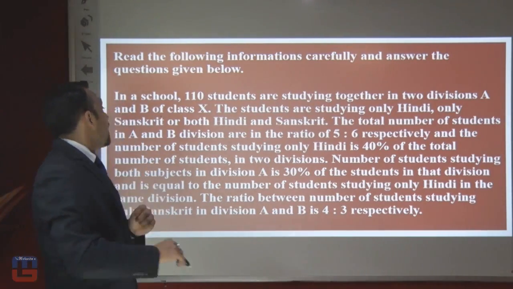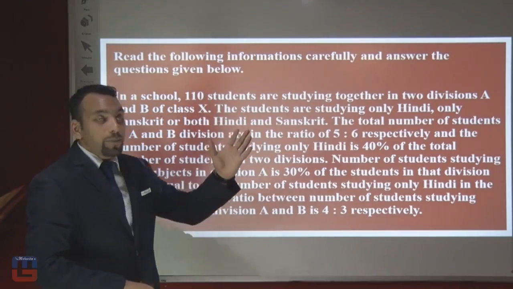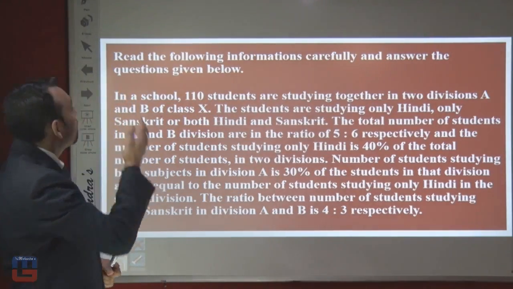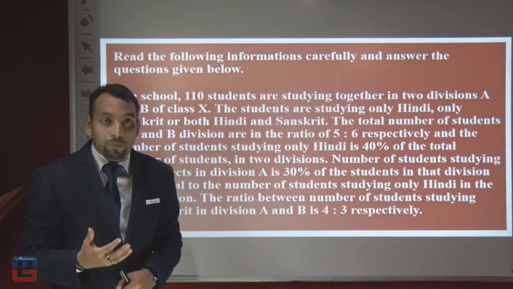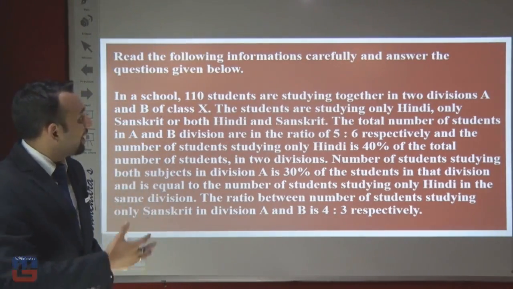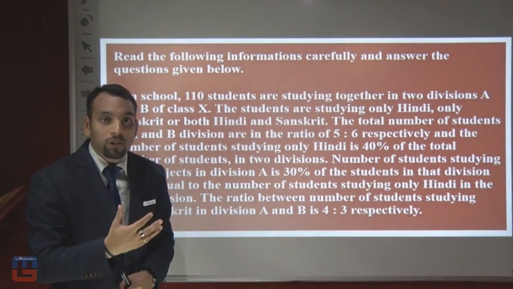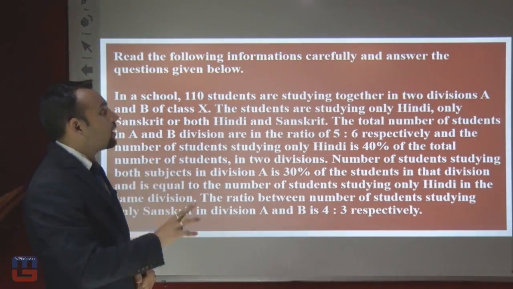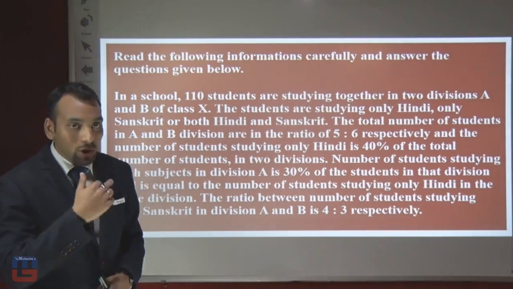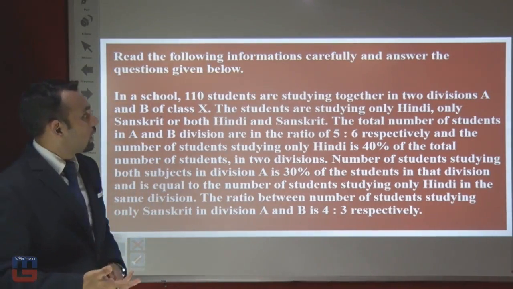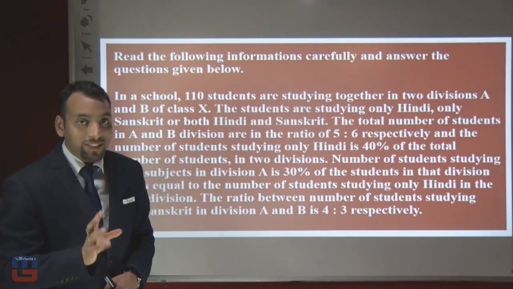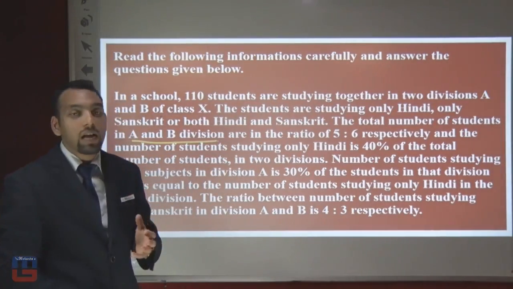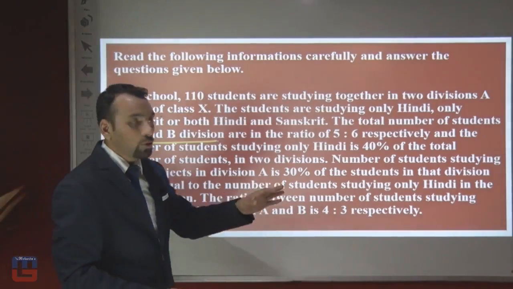In a school, 110 students are studying together in two divisions, A and B of class 10th, which means the total number of students we have here is 110 in two divisions A and B. The students are studying only Hindi, only Sanskrit, or both Hindi and Sanskrit. The total number of students in A and B divisions are in the ratio 5:6.